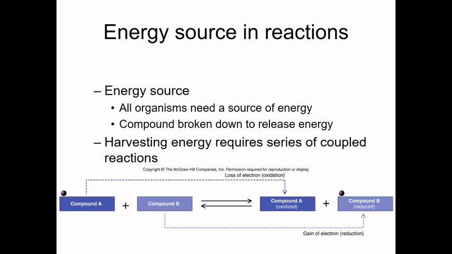Harvesting that energy is a series of coupled reactions, which you have heard of before, known as oxidation reduction reactions. And you're probably like, I know I've heard the term, but I don't remember why it's important or what it actually does, okay? So what happens in these reactions is it's all about transferring electrons.